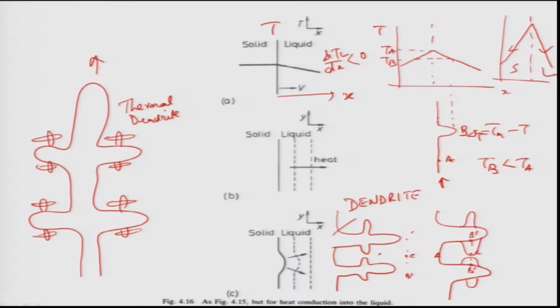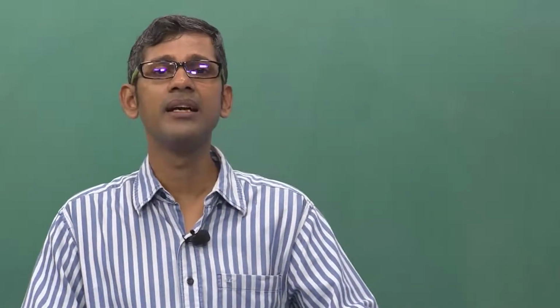In rapid solidification systems like melt spinning or even atomization or thermal spray, this is exactly what happens. The temperature gradients are negative in the liquid and the absolute values are very high, and because of that heat transport is also very high.